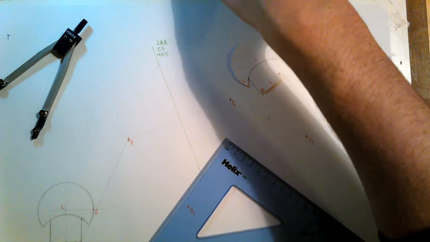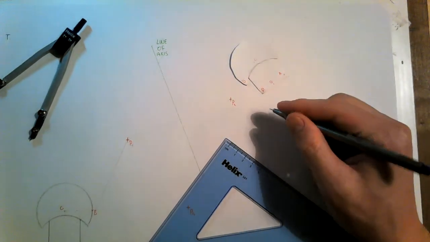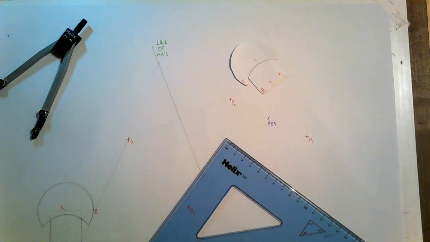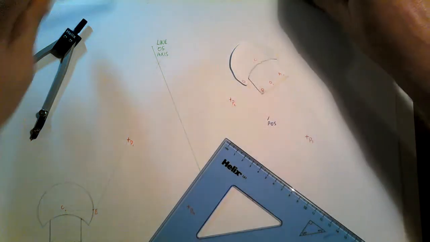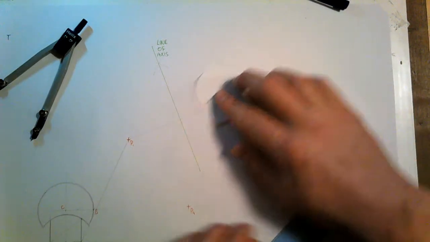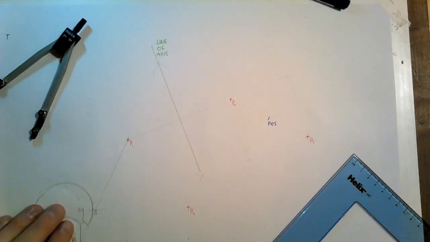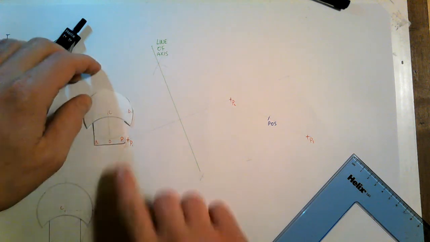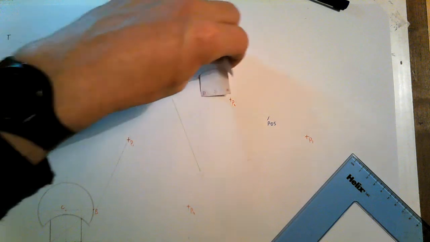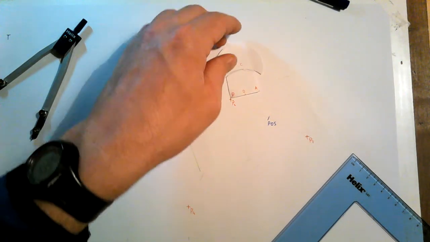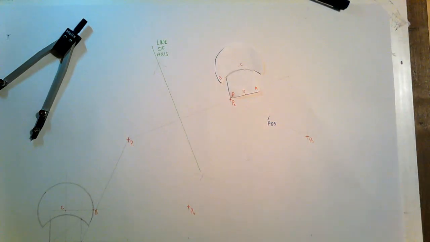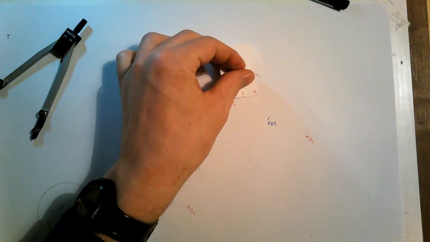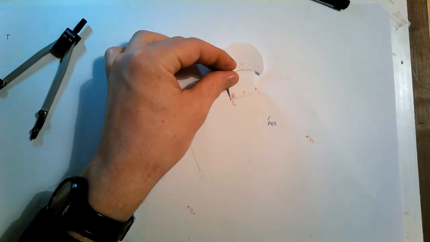Okay, so I'm going to call this one POS, the point of symmetry. Okay, so we've gone from translation, axial symmetry, and we are now going to central symmetry.